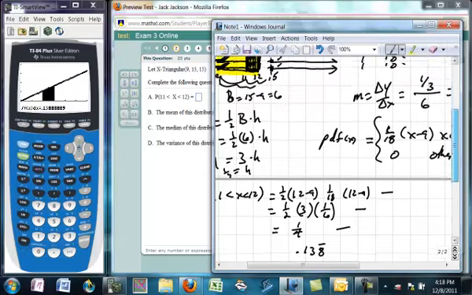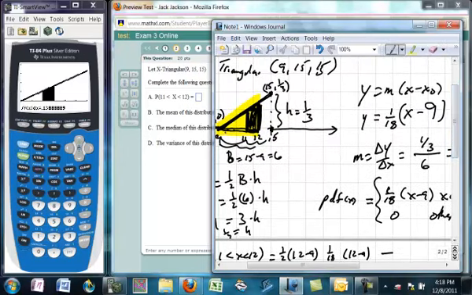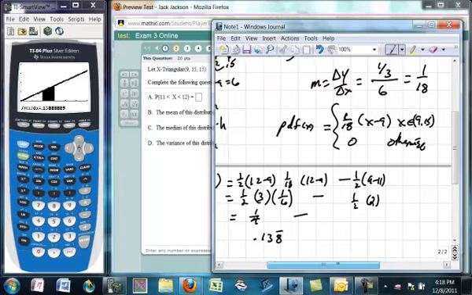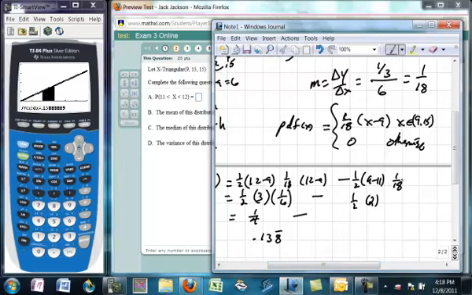Now the little triangle goes from 9 to 11. So it's still 1/2 of the base, which is 11 minus 9, which is 2. So that part's 1. And then we want to multiply by the height, which is 1/18 times 11 minus 9 again, which is 2, so this is 2/18, which is 1/9, and this all is 1/9.